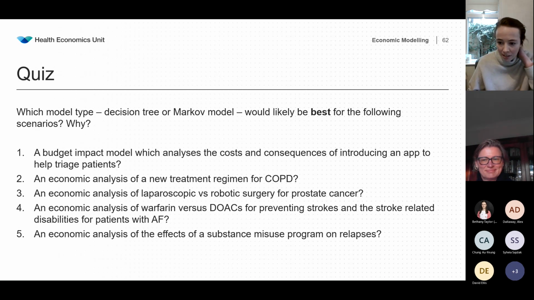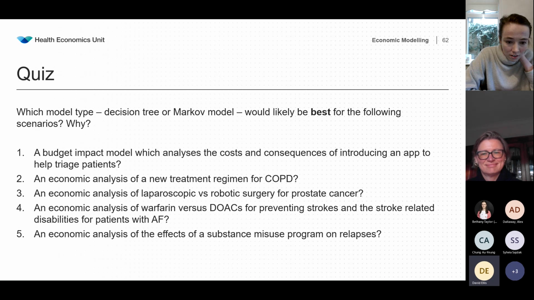So it looks like number 1 and number 2 have some variation, which is interesting. Does anybody want to say why they put one or the other for number 1? David: Just because it's a very short time scale, simple decision.